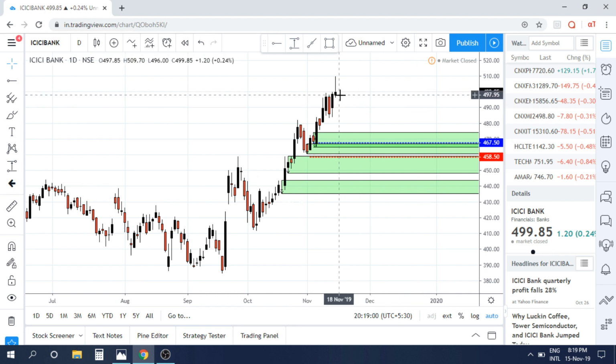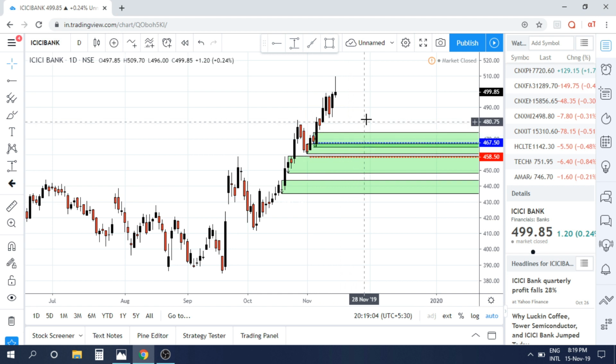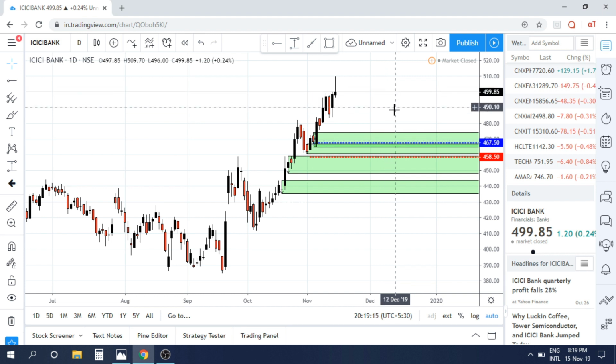However, if the market comes to the upper zone and it responds and reverses from there, I would then not take the trade if the price comes back and comes towards the second stack zone.